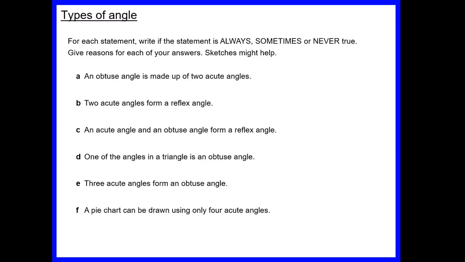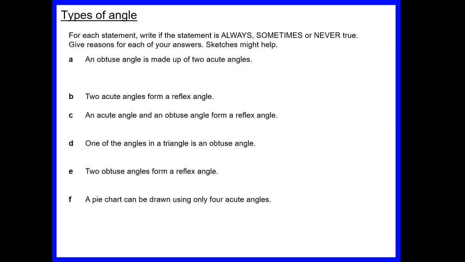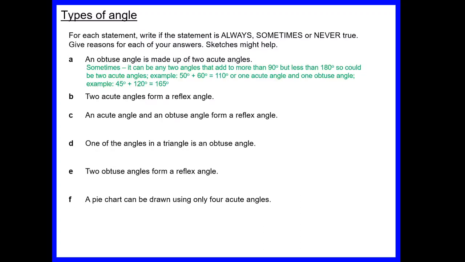Okay, so our first one then, an obtuse angle is made up of 2 acute angles. So let's have a look and see if that's true or not. So it's sometimes true. So it can be true for 2 angles that add to more than 90 degrees but less than 180, because that's the definition of our obtuse angle.